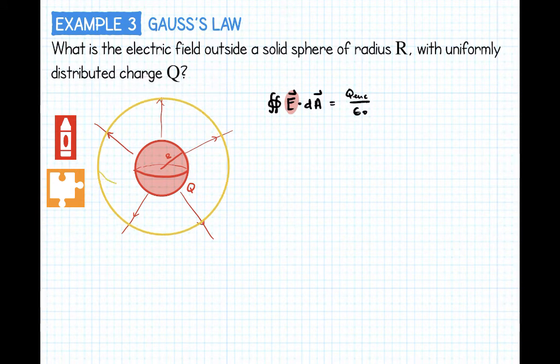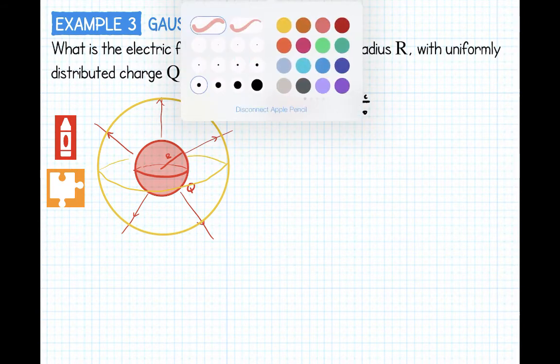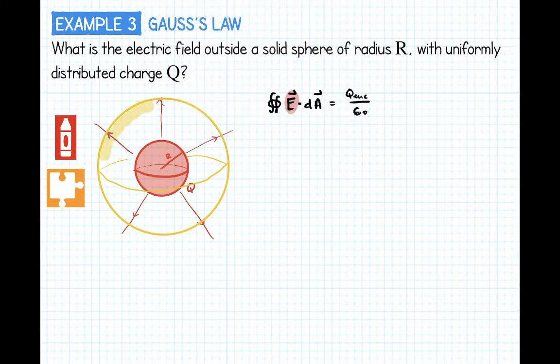So that means it's also this, and we can fill it in. So here we have this yellow represents our Gaussian surface, which is also a sphere.